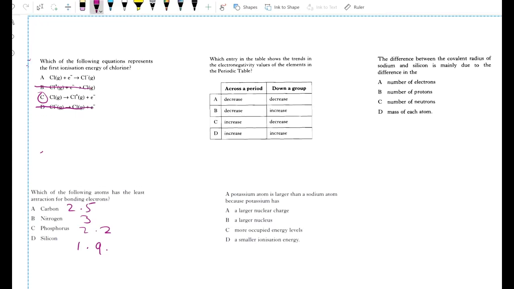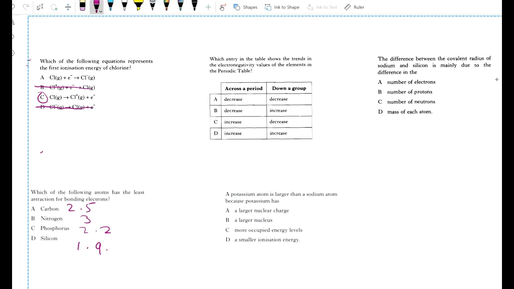So we're now going to look at this question here, and you may have noticed that I've already jotted down some numbers. These numbers here are the electronegativity values for the elements. You will find them on page 11 of the data booklet. The question is, which of the following atoms has the least attraction for bonding electrons? Okay, that is another way of saying which of these elements has the lowest electronegativity.